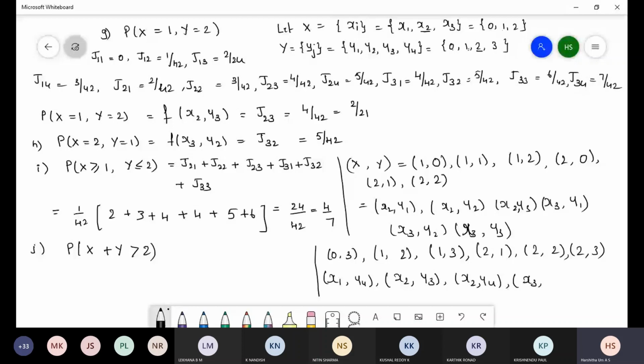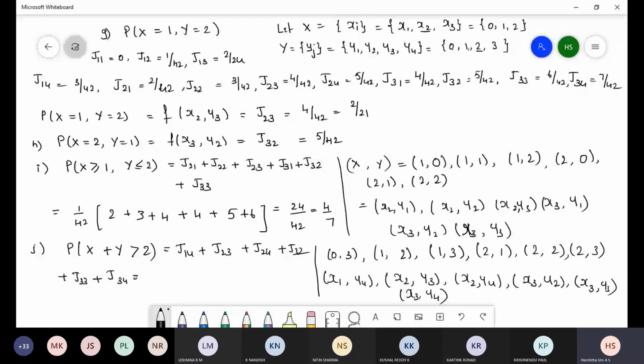Now in terms of Jij, we have to write J14 plus J23 plus J24 plus J32 plus J33 plus J34. J14 value is, I write 1 by 42 outside as a common term, 3 by 42 plus J23, 4 by 42.